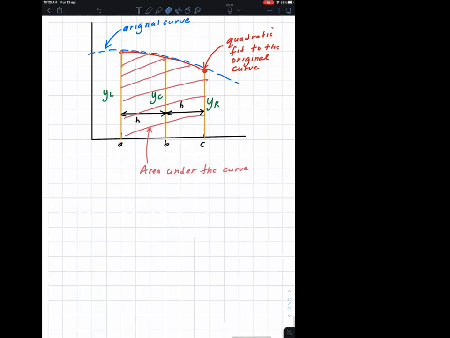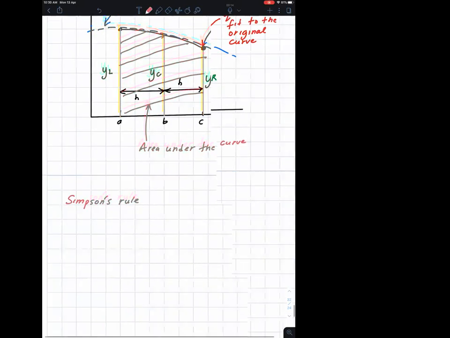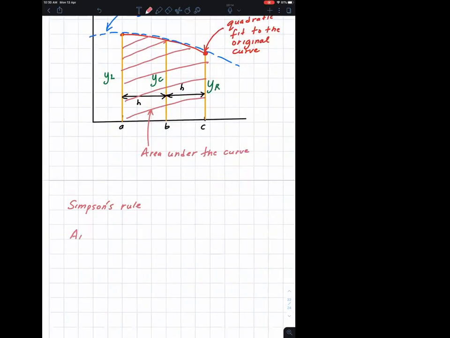So according to Simpson's rule, you can approximate the area using this formula. The area is approximately h over 3 times (YL plus 4YC plus YR).